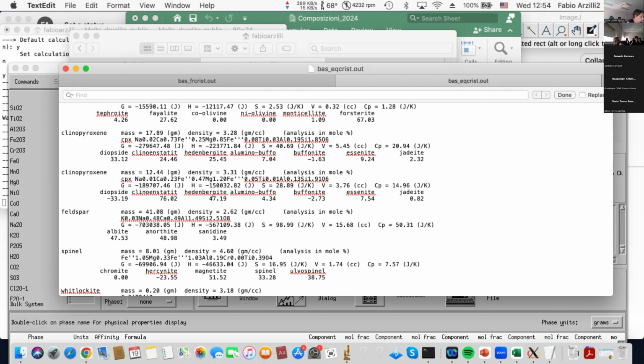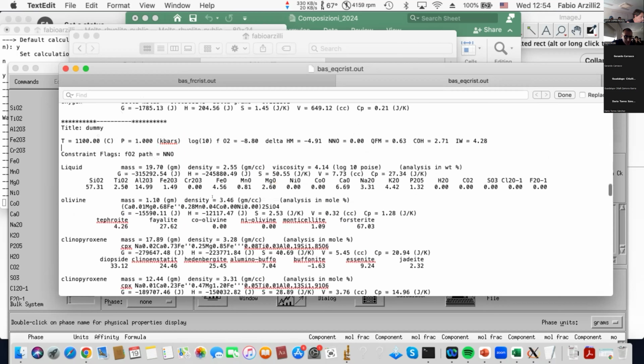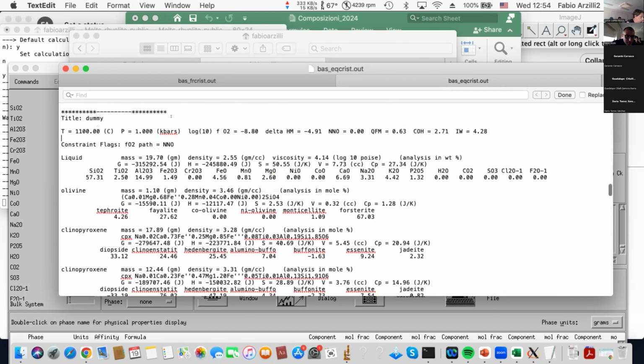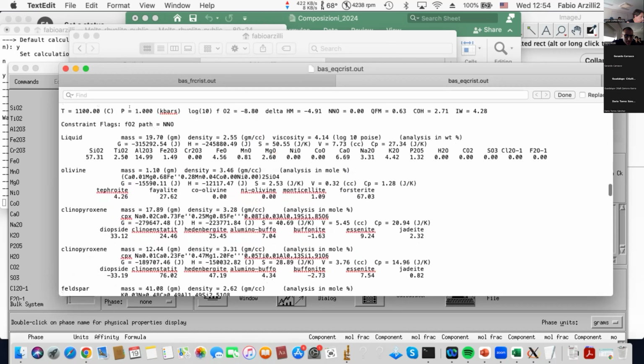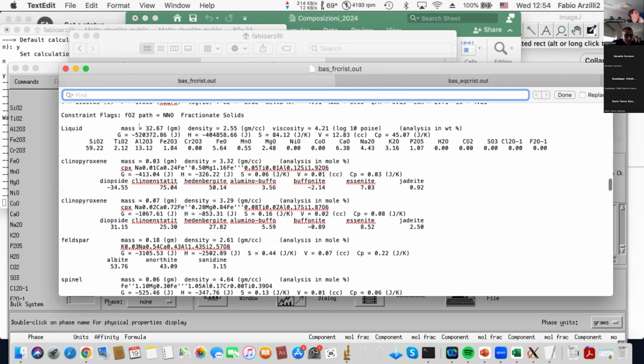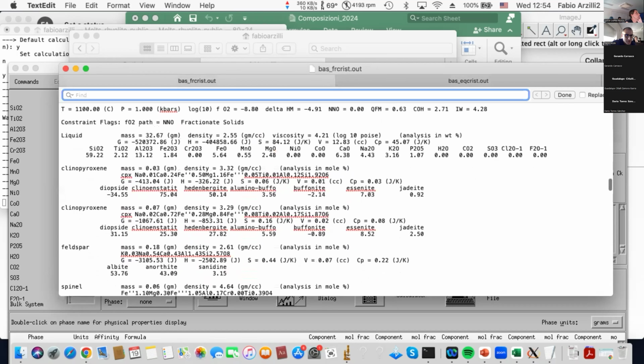Yeah, that's 1100. This was 1100, yes. Not the same. This is fractional crystallization. Just do it again. It's different. I don't know. The fractional crystallization. This is it, yeah. Okay.